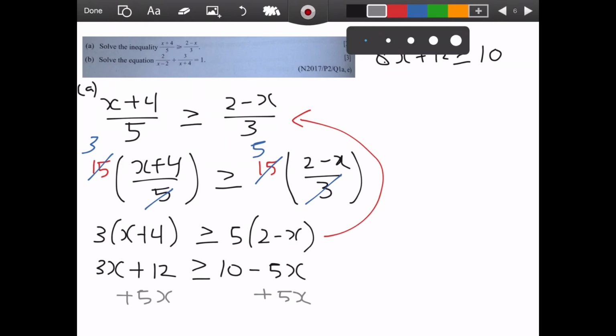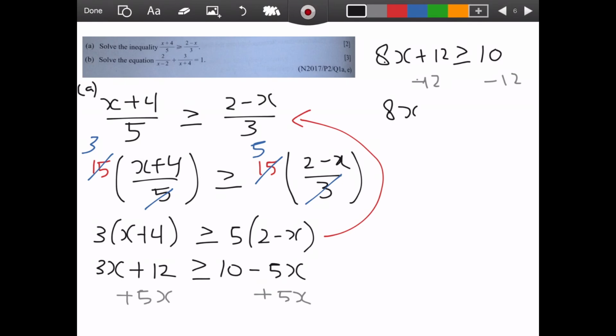Now you want to move all the non-x numbers to the right hand side, so you minus 12 on the left and you minus 12 on the right, and what you get is 8x more than or equal to 10 minus 12, which is minus 2.